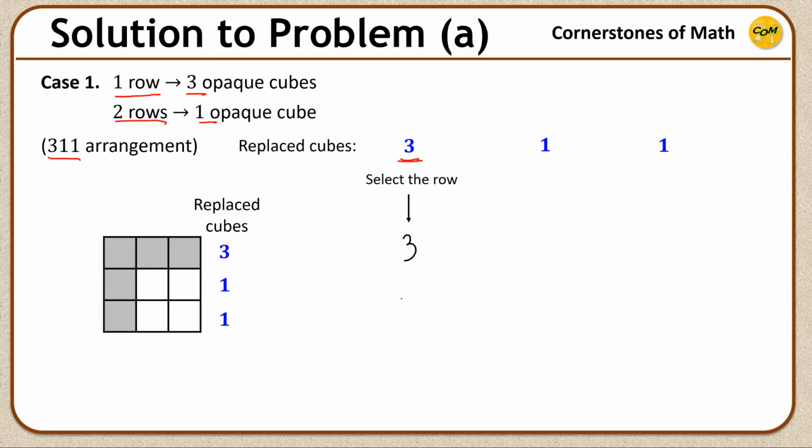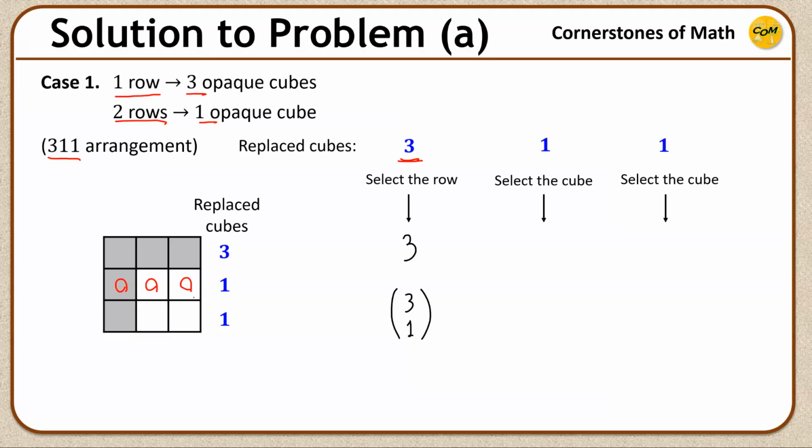If you want a fancier expression, you can consider this as 3 choose 1, choosing 1 row out of 3 different rows. Next, for the remaining 2 rows, we replace 1 cube from each row. And you can easily notice that within each row, you can choose any position out of 3.